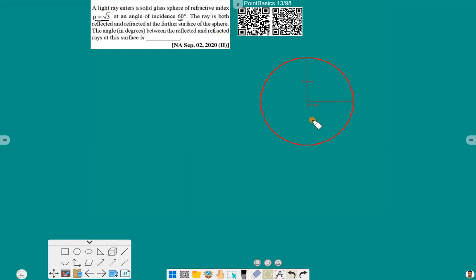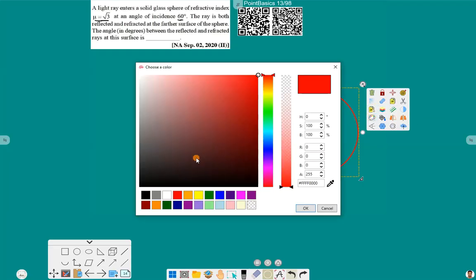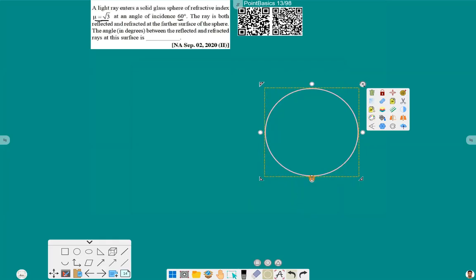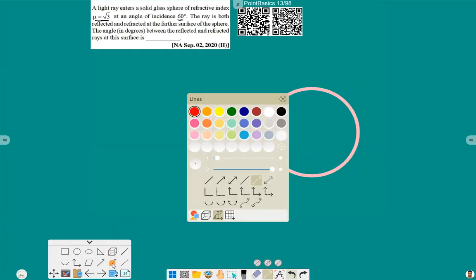So assume this is our sphere, and let me change its color slightly for better visibility, and thickness.